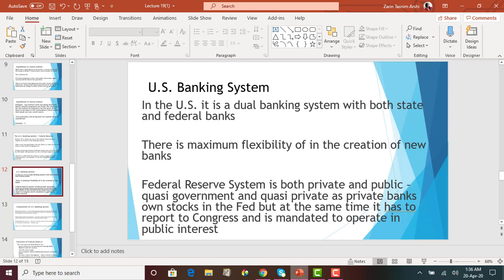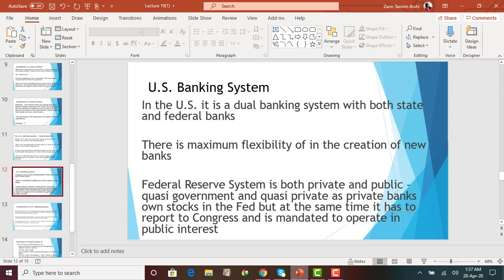It's quasi-private and quasi-public, meaning half government and half private. This is because private owners do have stocks in the Federal Reserve system. You can invest and buy stocks of the Federal Reserve, so they basically have ownership in the central bank. But it's half government because they have to report their activities to the Congress, and it is mandated to operate in the public interest.